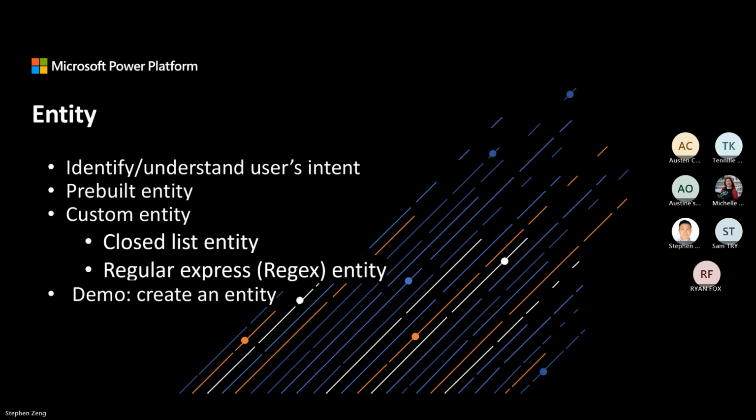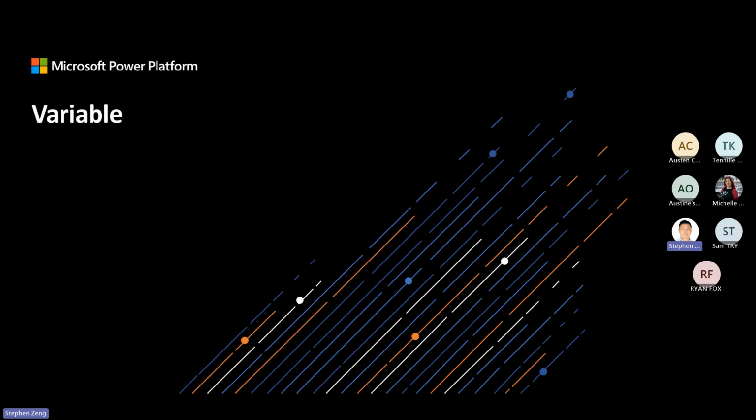Let's go back to the slide and cover the next key concept, which is the variable. If you have done any programming language, you would understand the concept of variables. Basically, it's just a place for you to save and then reuse some of the values. In Copilot Studio, it's the same.